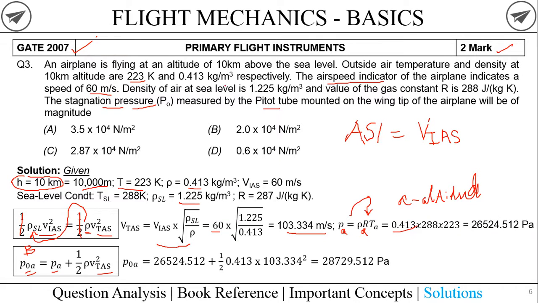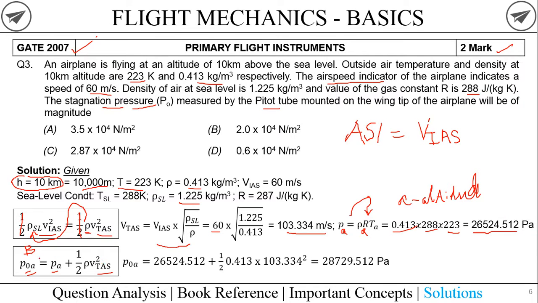So the density is given as 0.413 and gas constant is 288. You need to focus that it is 288 and not 287. If you substitute 287, then the answer may be erroneous here, and temperature is provided as 223 Kelvin. Now multiplying all these terms, we will be obtaining the value 26524.512 pascals.